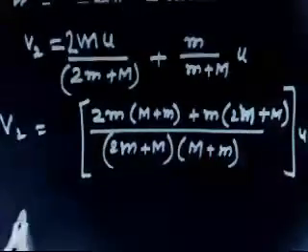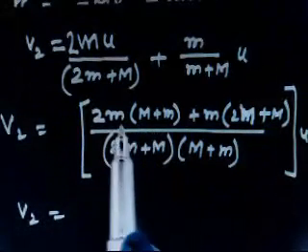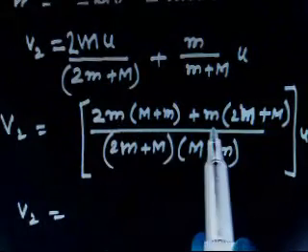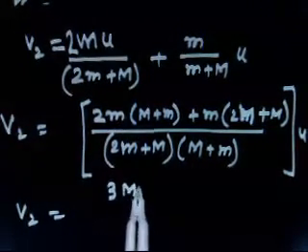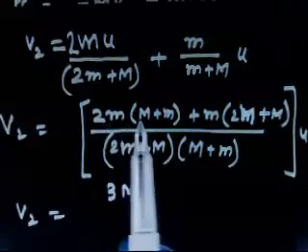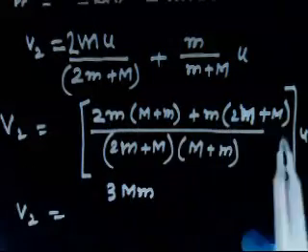Let us do some more massaging of the equations. So 2m into M, and here you will have mM, so you will have 3mM. You can do it yourself.